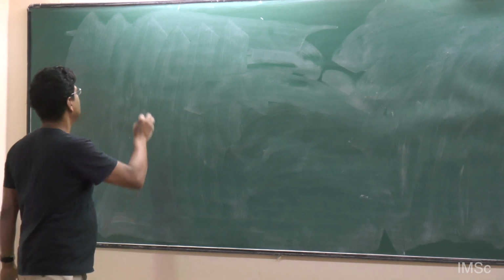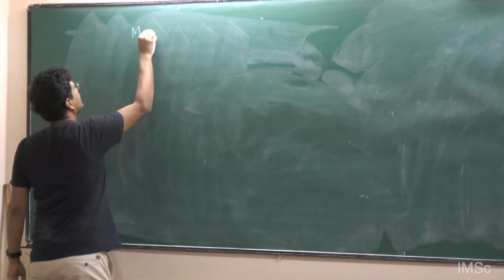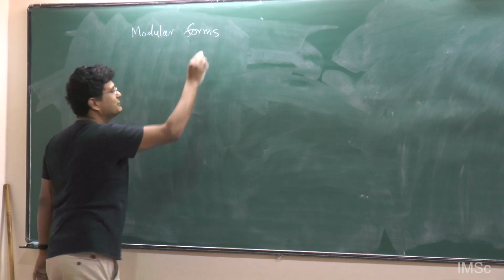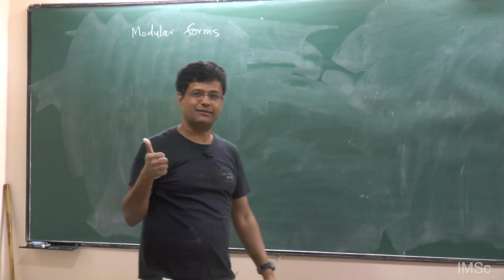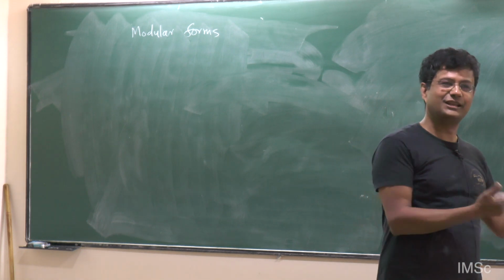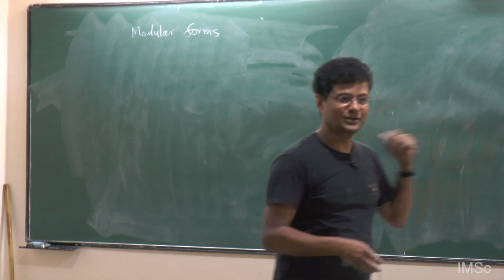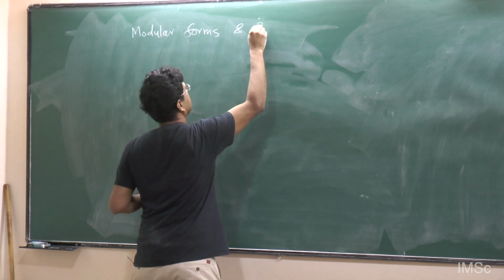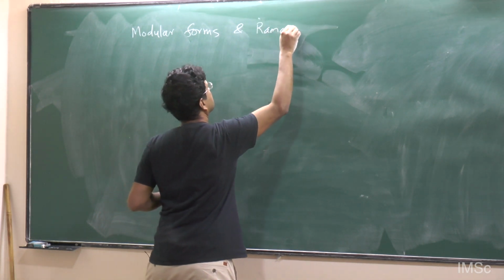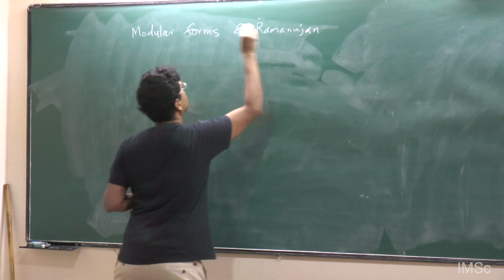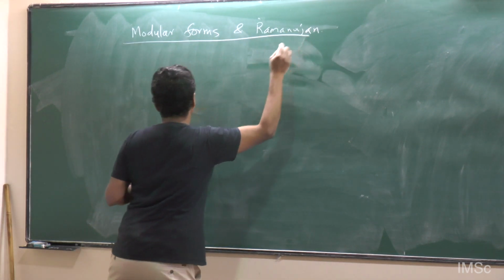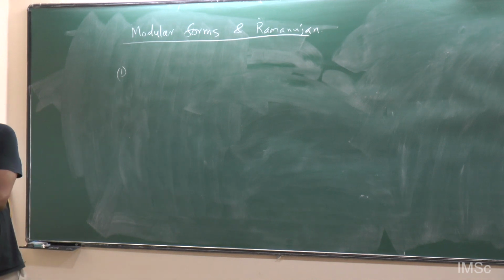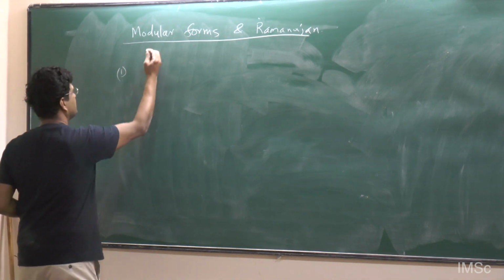So, modular forms in Ramanujan, let me explain a little bit. For this article I was thinking, what are the contributions of Ramanujan that were really important for this work? There are 3 things actually. One of Ramanujan's famous contributions is what is called the partition of an integer.